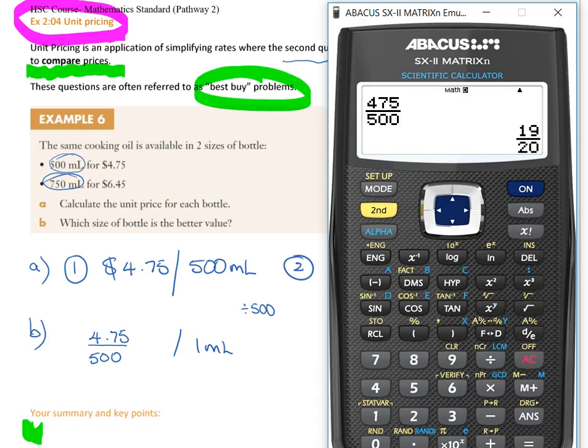So in converting this first one, you can see that I've used the fraction button, but I've put the amount in cents. I think it makes more sense now to talk about the cents per mil. So you can see then the calculator brings it up as a fraction. If I press F to D, fraction to decimal, you can see that the cost is 0.95 cents, so less than 1 cent.